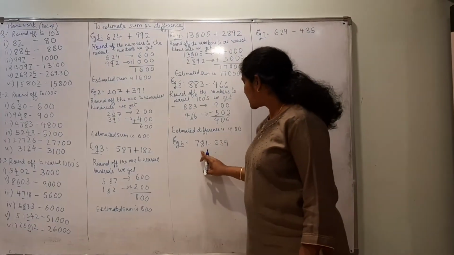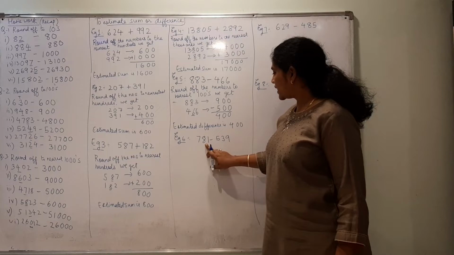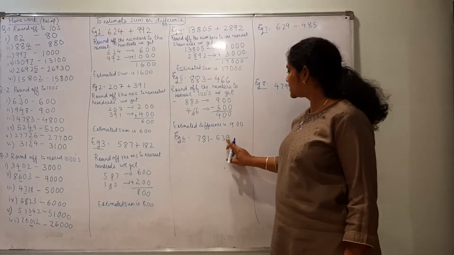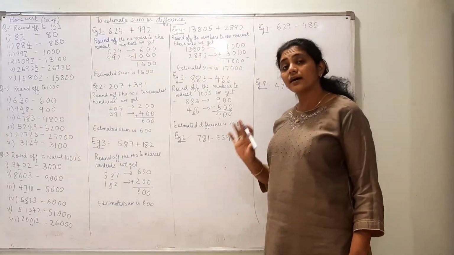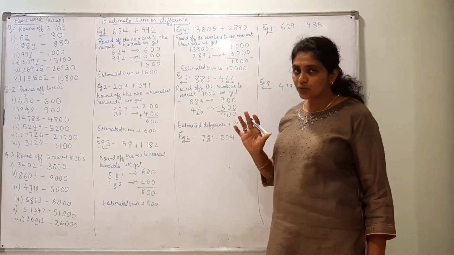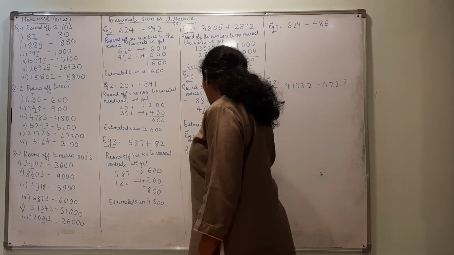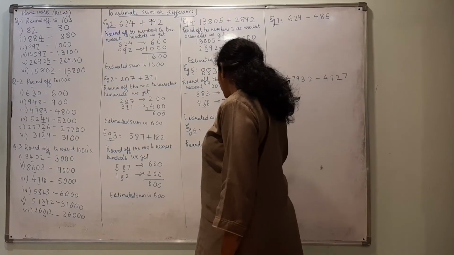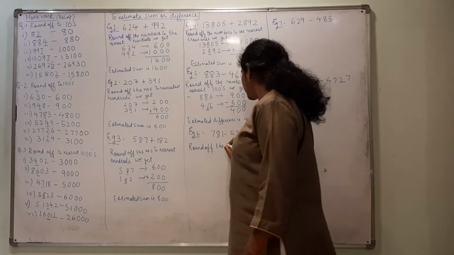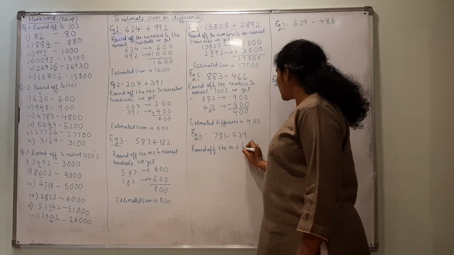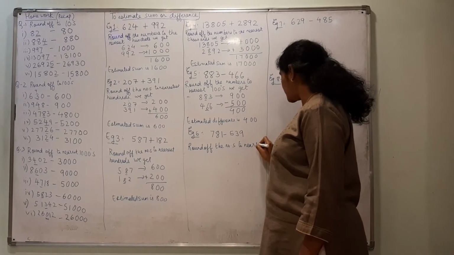Now question 6, 781 minus 539. 3 digits, again rounding off to hundreds. So round off the numbers to the nearest hundreds.